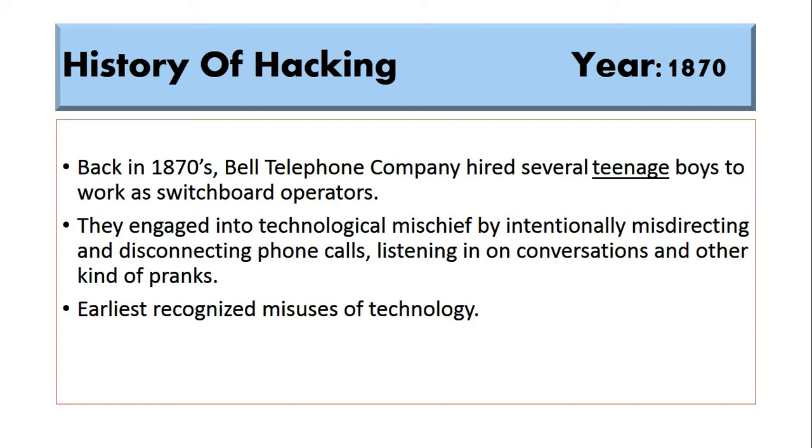They even misconnected the conversations. They connected two different lines of conversation, and they did other such mischief intentionally. This was the earliest recognized misuse of technology, and this is not actually hacking. And this is the reason the Bell Telephone Company hired female employees back then.